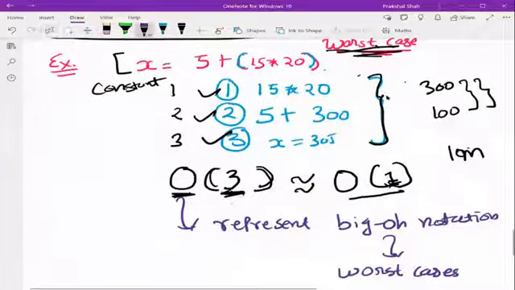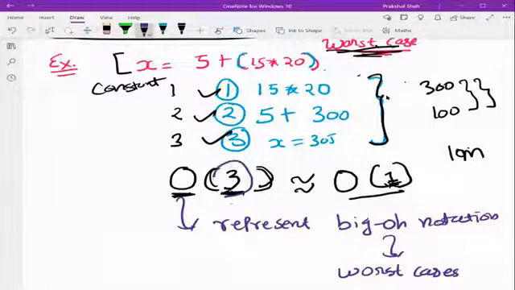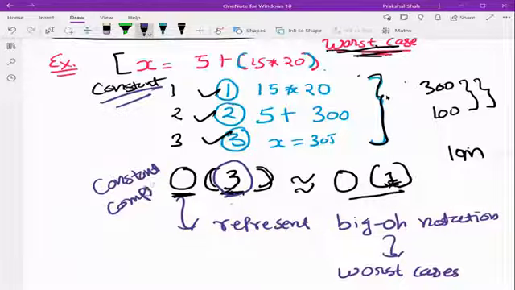See, we had here 5 plus 15 into 20. So basically it is producing 3 steps. Three steps is nothing but my constant. This is what I can call my constant complexity. So every constant complexity would be denoted by order of 1. That is the rule.